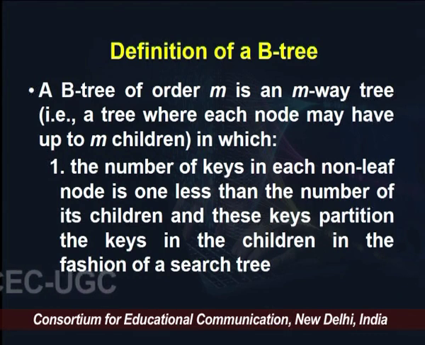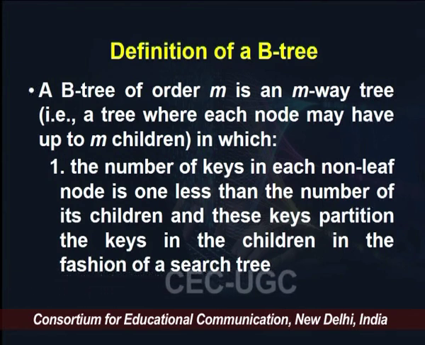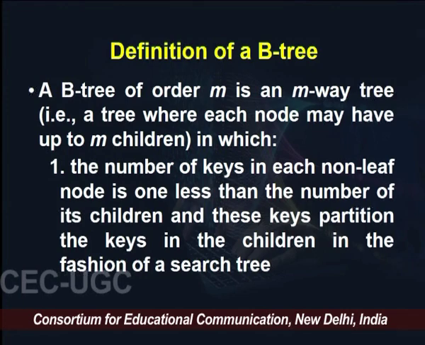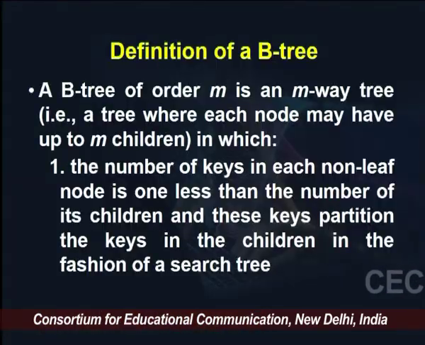So a B tree of order M is an M-way tree, where each node may have up to M children. Within this, there is also a restriction on the number of keys in the leaf nodes as well as in the non-leaf nodes, which we will see.